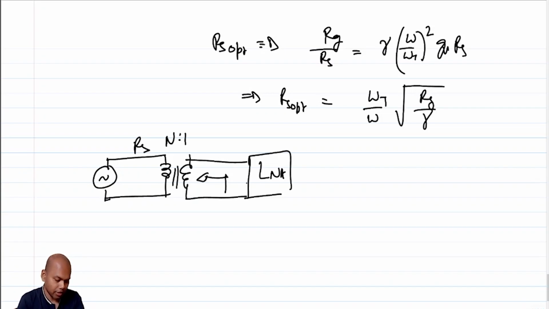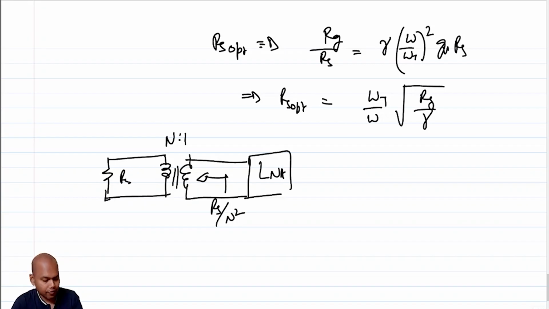Which means that the equivalent impedance that I see now is Rs over n squared, right? So if required, I can modify the effect of Rs. I can increase or decrease it based on our requirement.